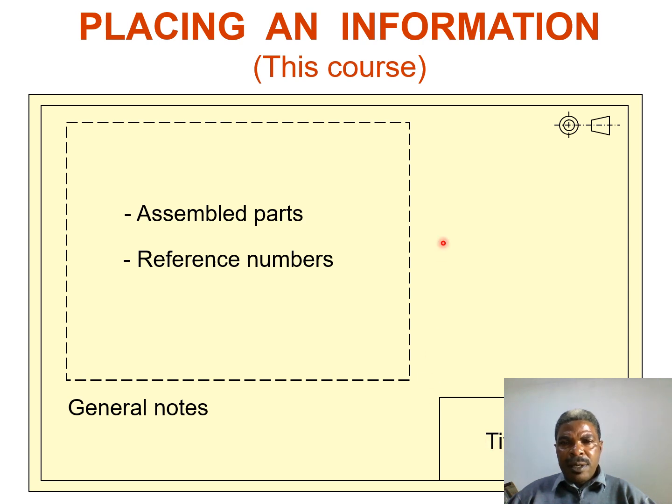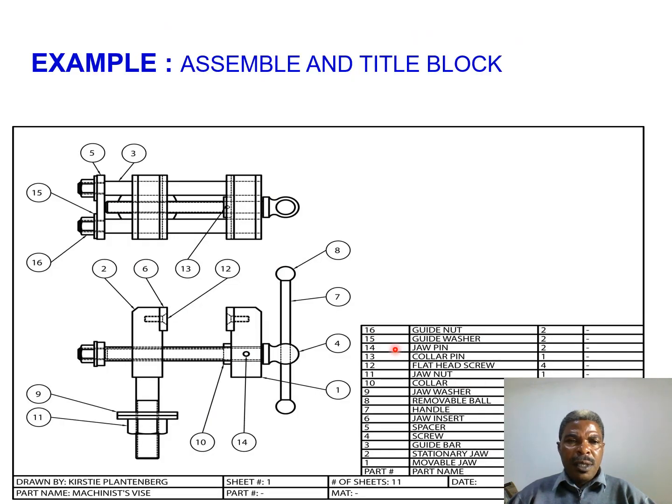That's how one can give the information, and the parts list here. The assembled view and title block are put together, as you can see here.